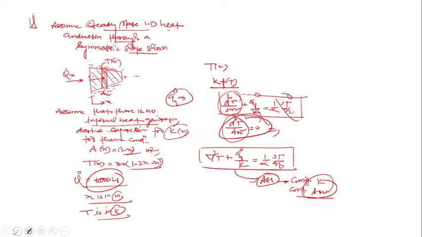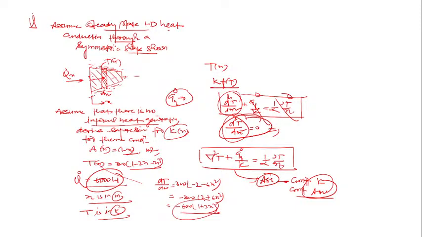And how can you find dt upon dx? If we differentiate this equation, dt upon dx is equal to 300 is constant, minus 2 minus 6x square. It's a minus of 300 into 2 plus 6x square, or minus 600 into 1 plus 3x square. Yes or no?